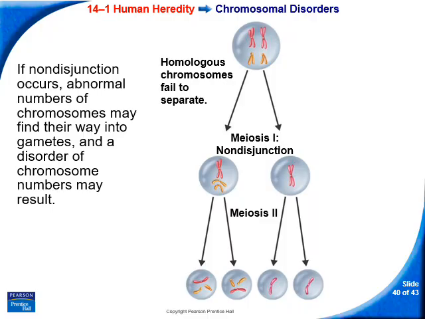Now, if the non-disjunction happens in meiosis 1, all of the daughter cells are going to be abnormal. If the meiosis 1 division was normal, and then non-disjunction happened in meiosis 2, then only 50% of the daughter cells will be defective.